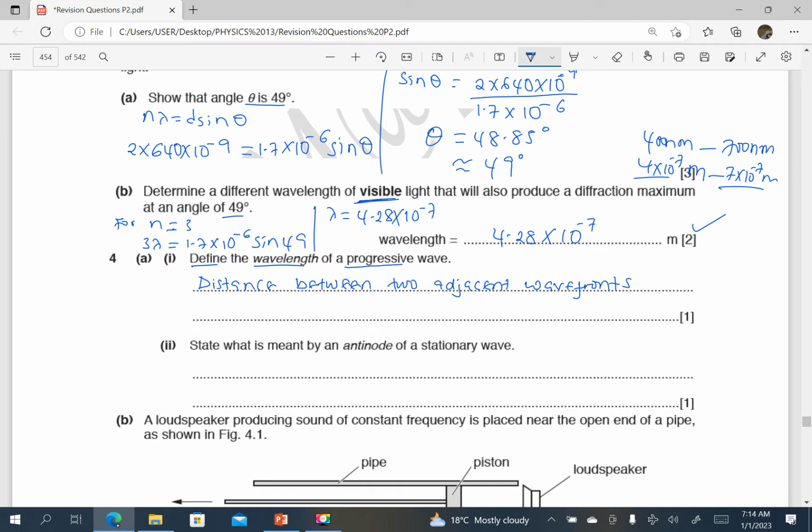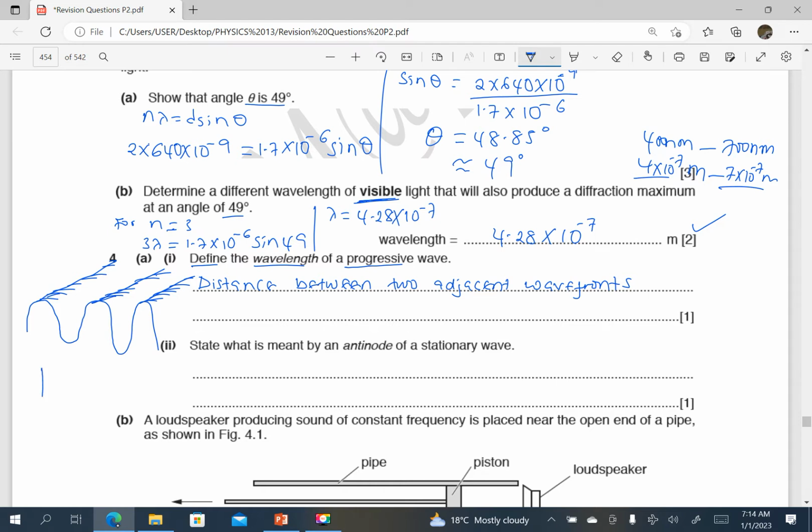For example, if I sketch for you something like this, and I'll make this in 2 dimensions. So this is like a water wave.